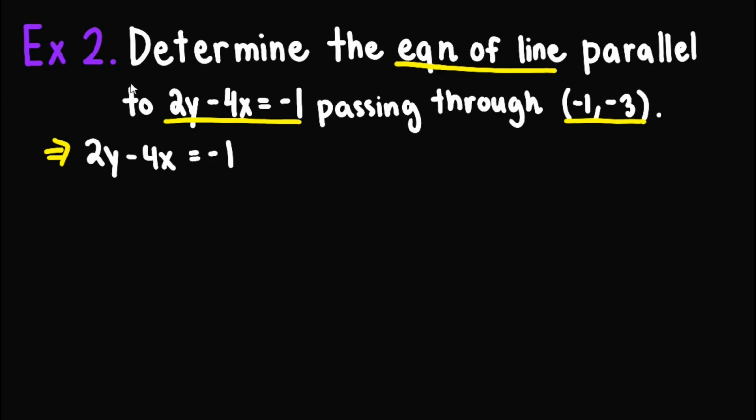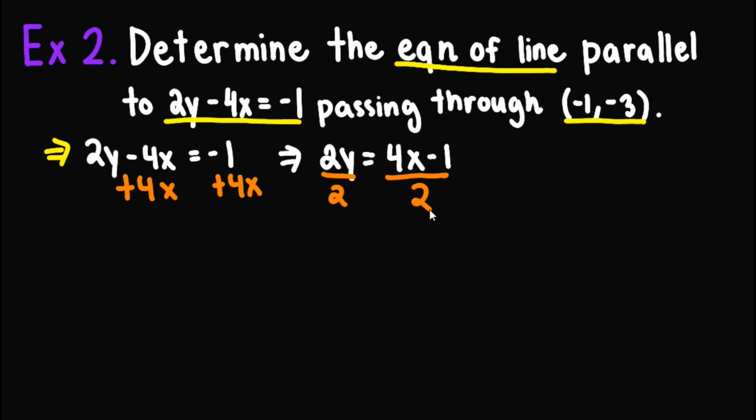We can add 4x to both sides to obtain 2y equals 4x minus 1. Afterwards, we divide by 2 on both sides of the equation to get y equals 2x minus 1/2.